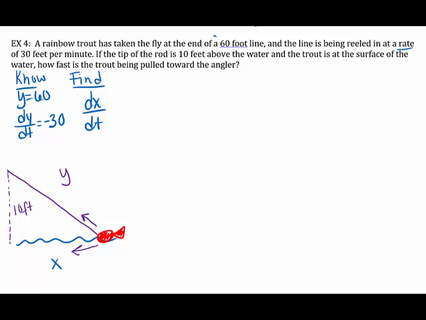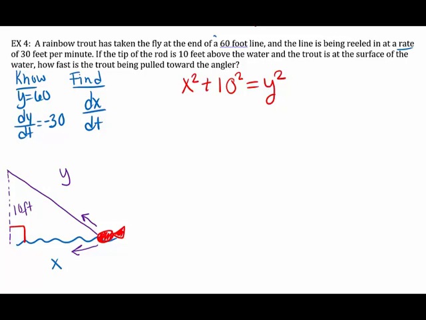And in this problem, I notice that I have a right triangle. Anytime that you have a right triangle, you can use your Pythagorean formula to write your equation. And that's that formula, a squared plus b squared equals c squared. In this case, my a is x, my b is 10, and my hypotenuse is y.